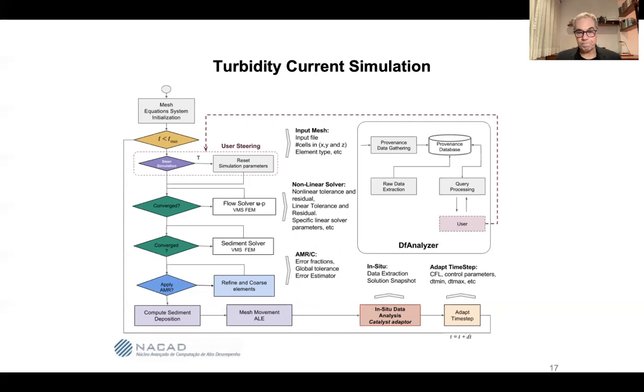And we also use the adapter for ParaView Catalyst to provide in situ visualization and also metadata like data extraction for solution snapshots. And we also annotate the time step. So if needed, we can query the provenance database and come back to the solver, changing all these parameters at runtime.